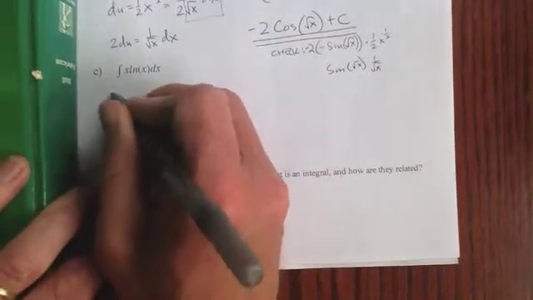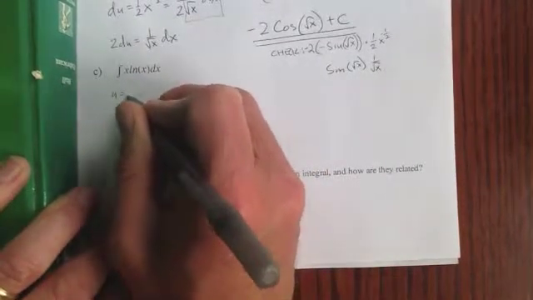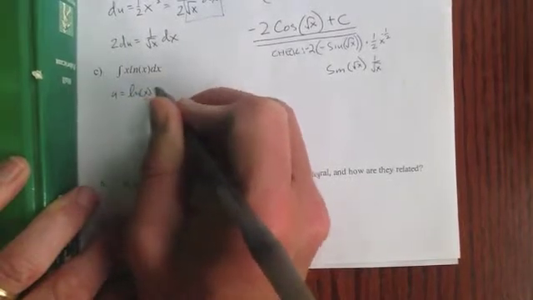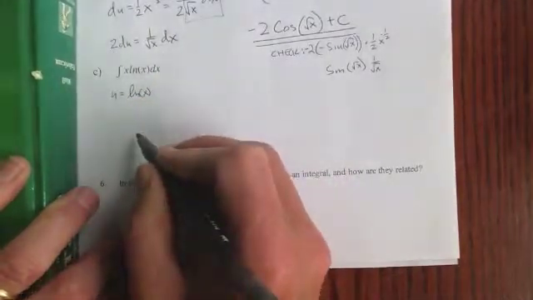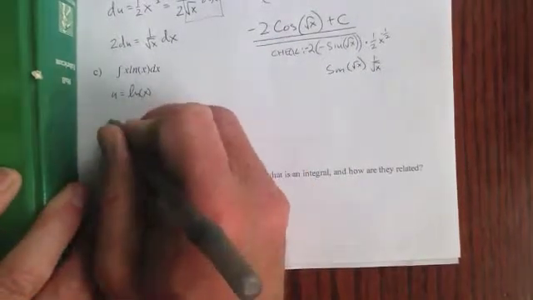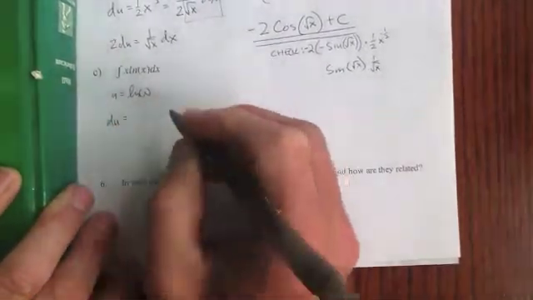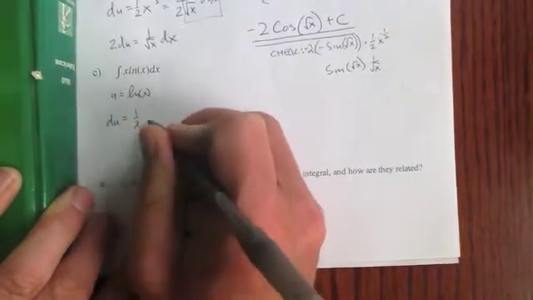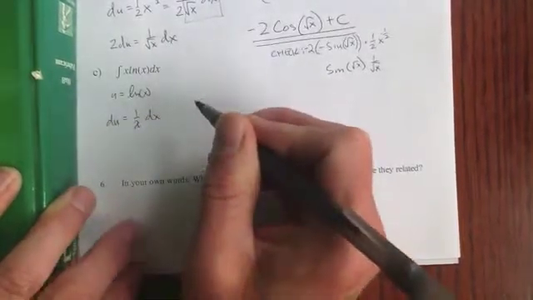It turns out that if we let u be equal to ln of x, when we then take the derivative of both sides, I'm going to get du is equal to 1 over x dx. All right?